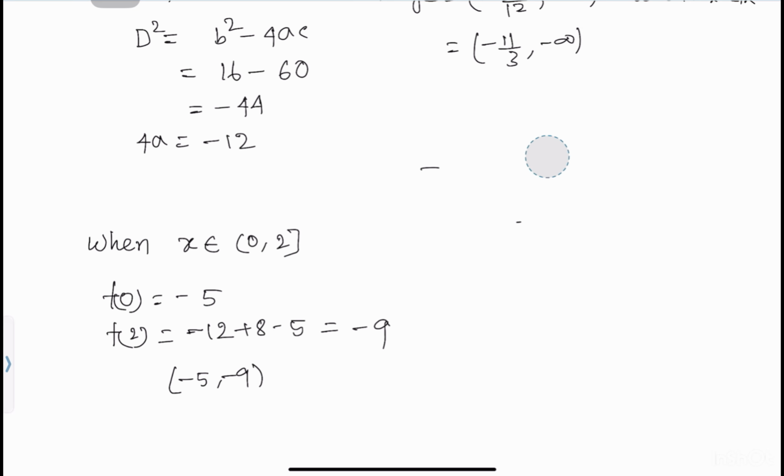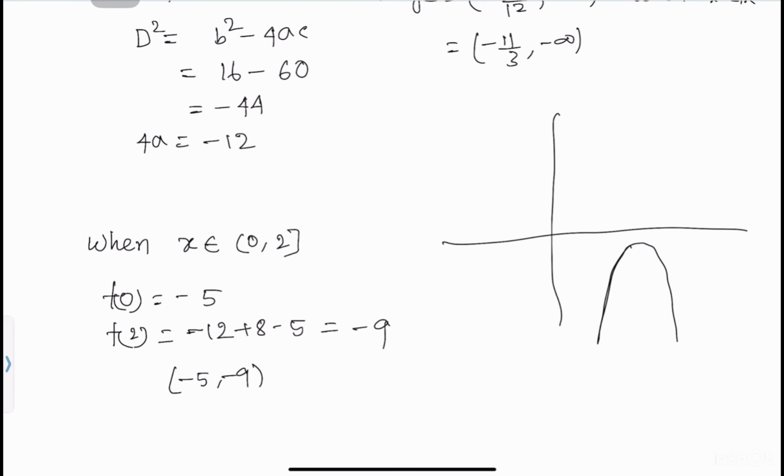Look here. The graph looks like this, concave downward. The corresponding value here is minus D by 4a, that means D square by 4a, that is minus 11 by 3. And the required range I have to find is in between 0 to 2. So this is my 0 and this is 2.